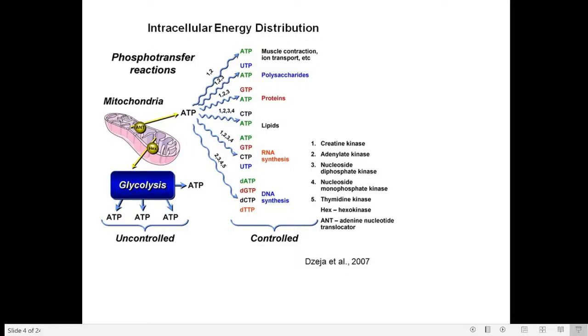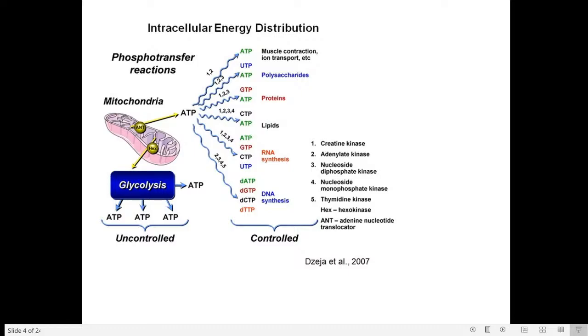Then nucleoside monophosphate kinase is different from diphosphate kinase. In protein production they utilize nucleoside diphosphate kinase. In lipid production they utilize nucleoside monophosphate kinase and thymidine kinase, which is involved in RNA synthesis and DNA synthesis.